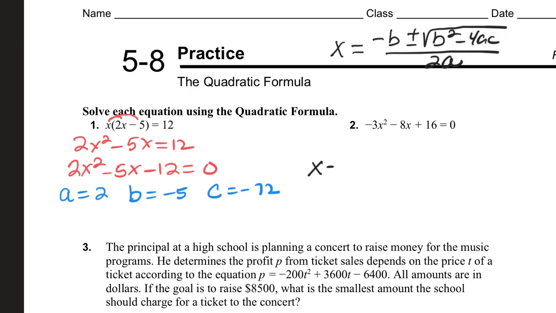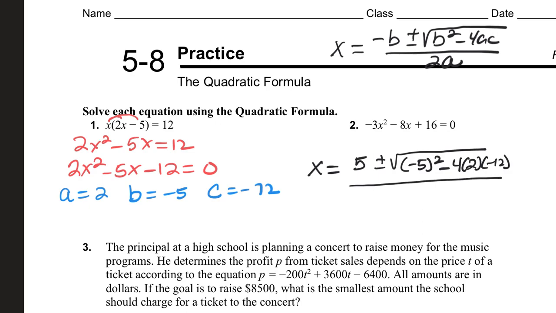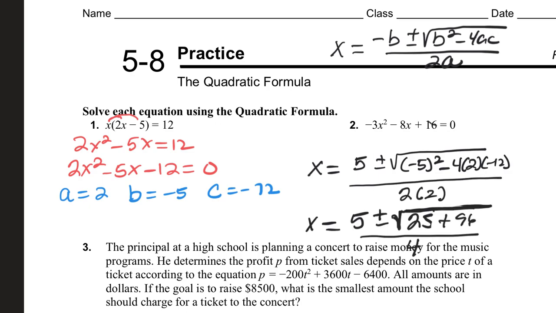So we have x equals -b, which is going to be positive 5, plus or minus square root, and we have -5 to the second power minus 4 times 2 times -12, divided by 2 times 2.